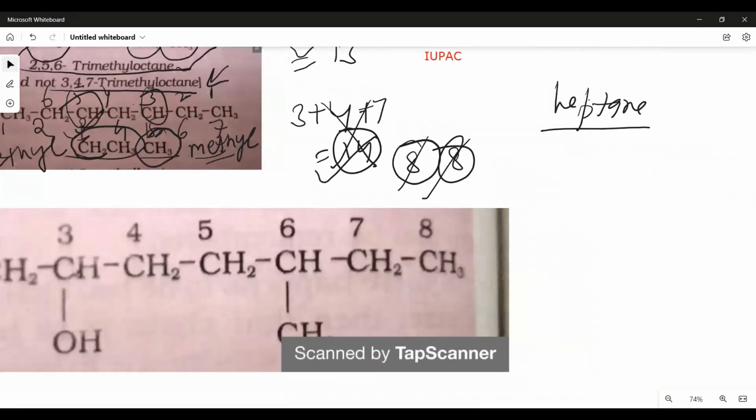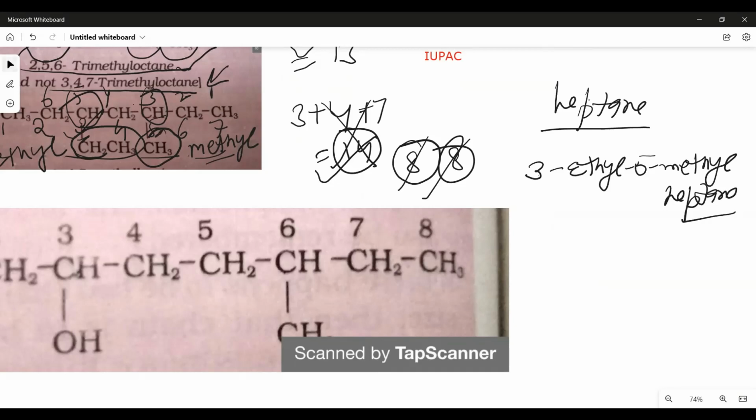So the nomenclature will become 3-ethyl-5-methyl heptane. If you write 5-ethyl-3-methyl, that will be the wrong one. So whenever the sum of the substituent positions comes out to be the same, meaning this molecule is symmetrical, we have to give the lowest number to the carbon atom to which the substituent that comes alphabetically first is attached.